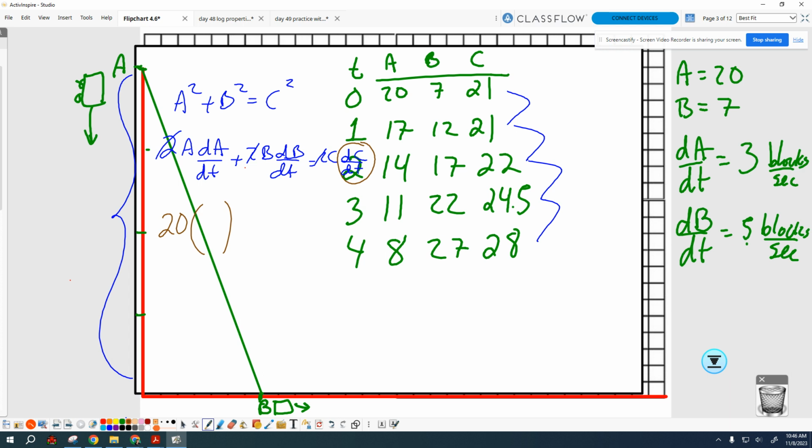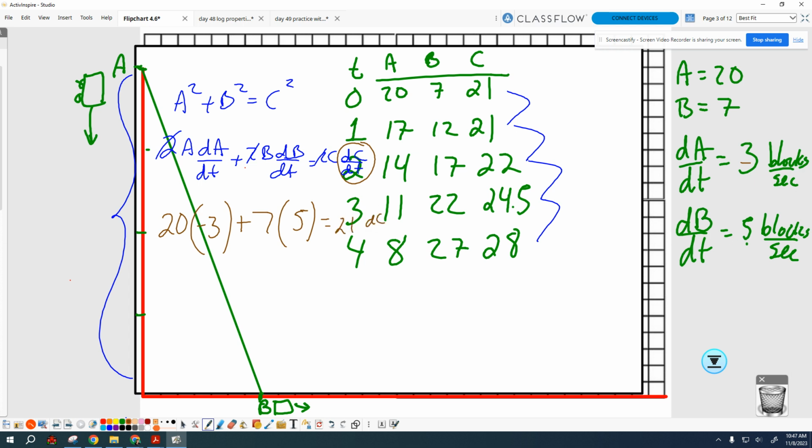Something's wrong. I need to do something to that rate of change. Is A getting bigger or is A getting smaller? So dA/dt isn't 3, it's -3. Do I know B from the start? 7. And the change in B, 5, is it positive or negative? Positive.